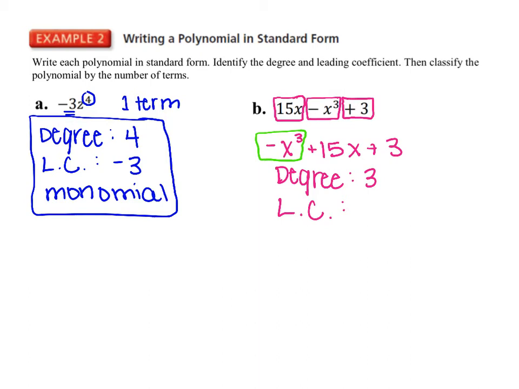The leading coefficient is the number in front. Well, there's not a number, there's just a negative sign. Oh yeah, whenever there wasn't a number, it meant it was the 1. So -1 was my leading coefficient. And finally, there are 3 different terms, and 3 sides made a triangle. So this we called a trinomial.